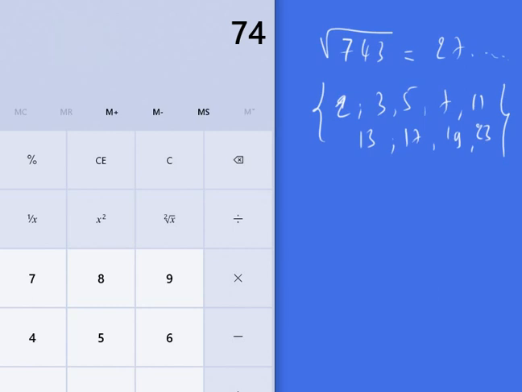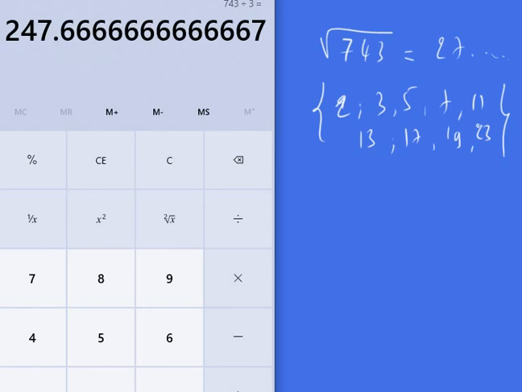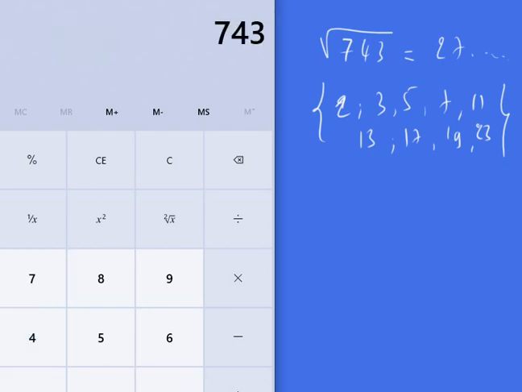So 743 by 2. No. 743 over 3. No. 743 over 5. No. 743 over 7. No. 743 over 11.